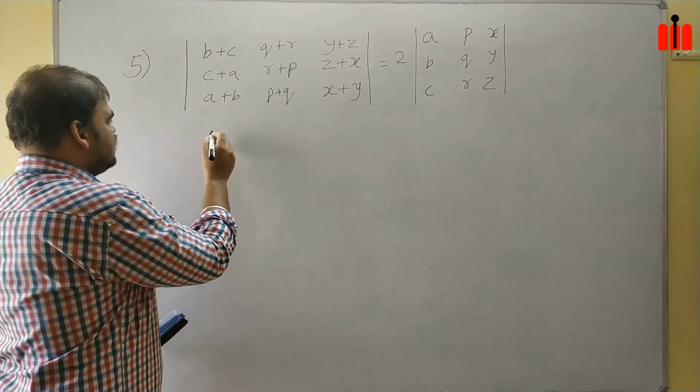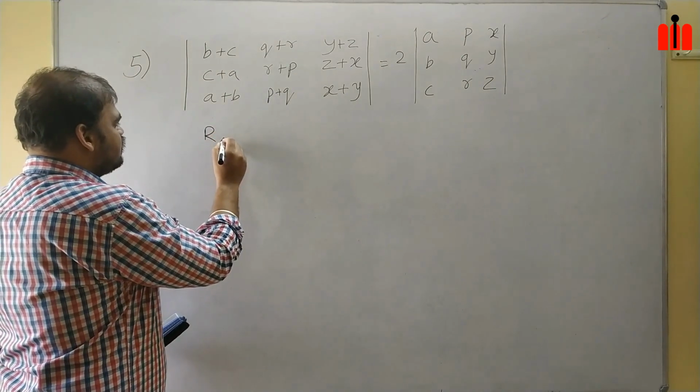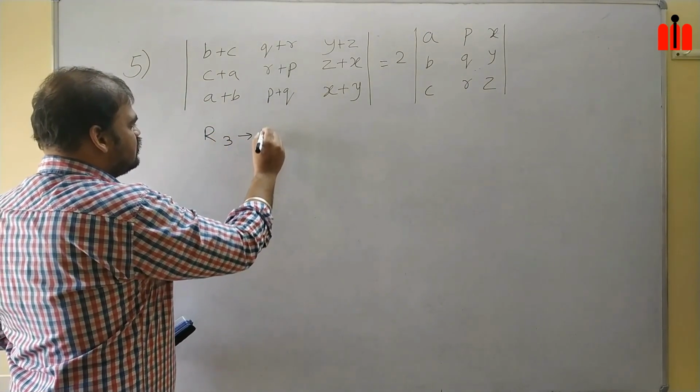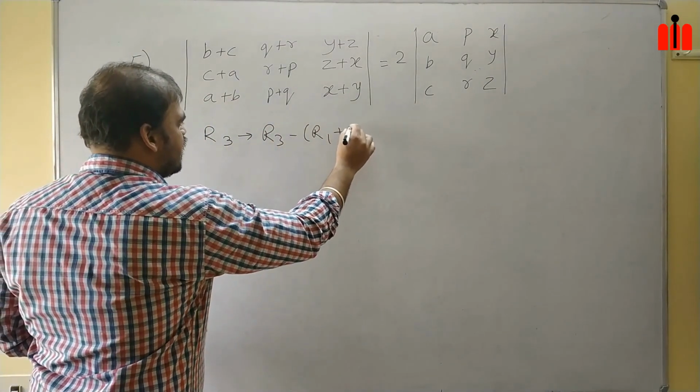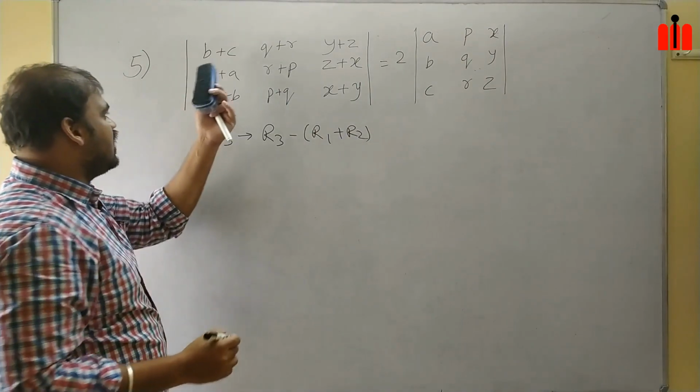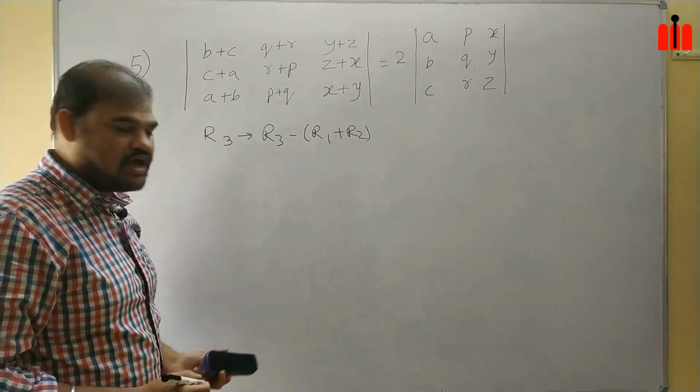Okay, let's do that. R3 tends to R3 minus R1 plus R2. So R1 and R2 we have to add and subtract from R3.